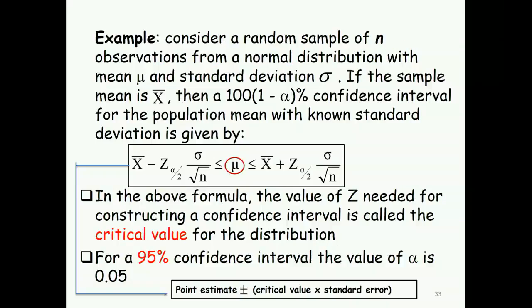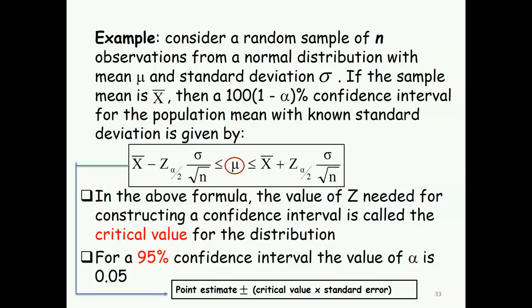Okay, now, you see, once you take this one from the table, you calculate the standard error, which is given, then you would estimate that the population mean would be somewhere between these 2 values, because we don't know the population mean. This is 100 minus alpha percentage.